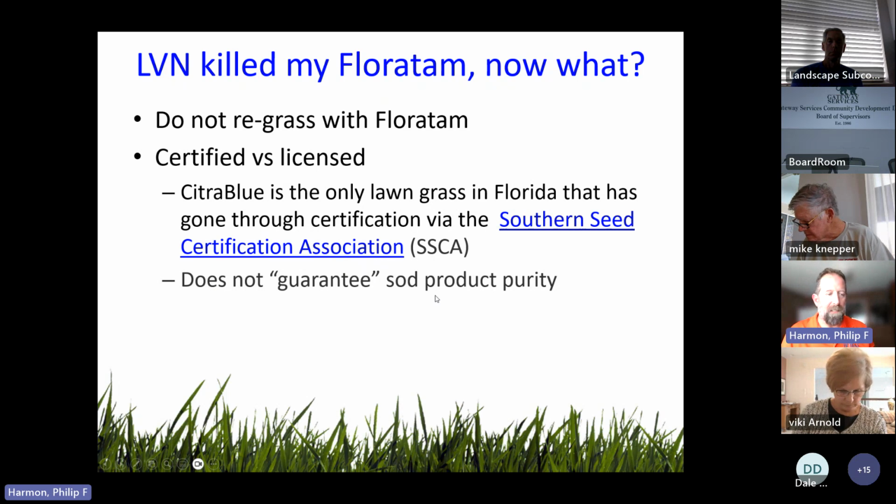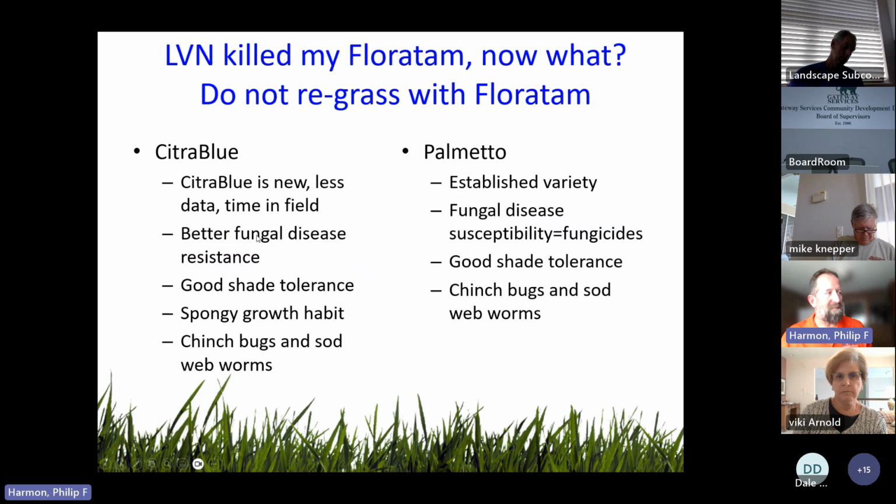It's a step in the process where a purity is assessed, but then it's produced on sod farms where contamination can occur, where mixtures of grass can occur, and Floratam, as I mentioned, is very popular. It's very aggressive, and so a guarantee is difficult to come by. Palmetto and Citra Blue have been the most consistent sod products that we've evaluated genetically and also in the field in response to LVN. So what are some of the specific strengths and weaknesses for Citra Blue and Palmetto?